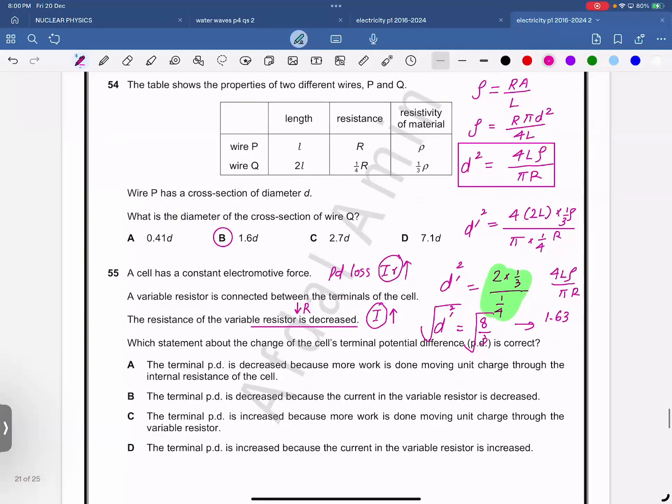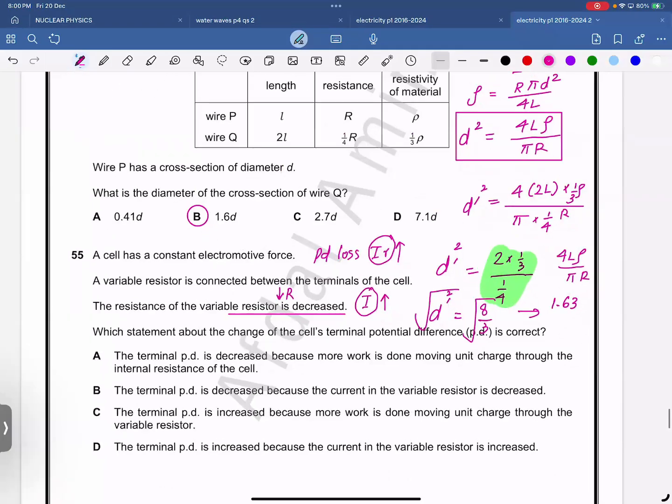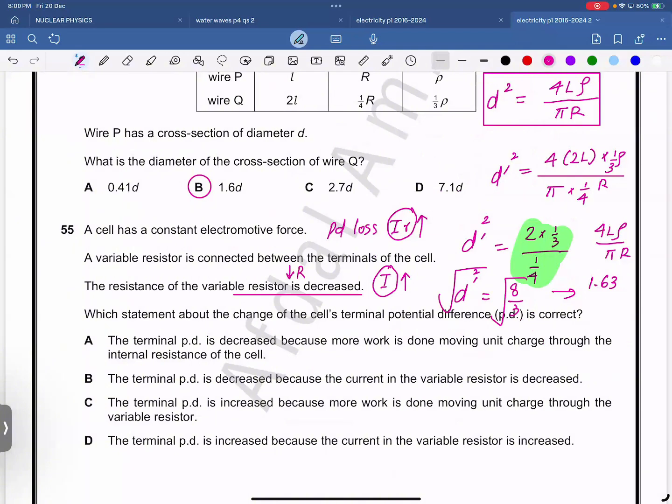So terminal voltage will decrease. So which statement about the change in the cell's terminal potential? I already told you, it will decrease. Terminal potential will decrease. Yes. More work done in moving the unit charge. Khalas, this is the answer. They say current has decreased. I already told you current is increased. Option is A.